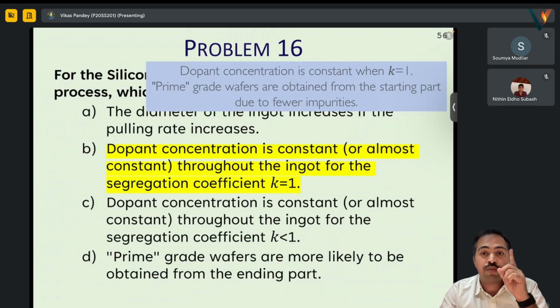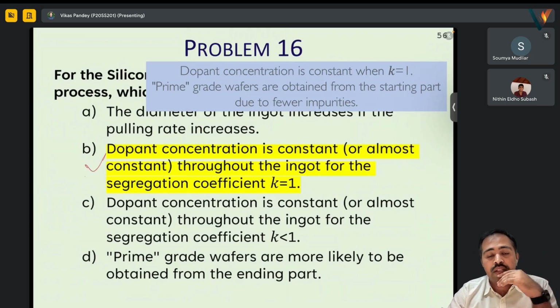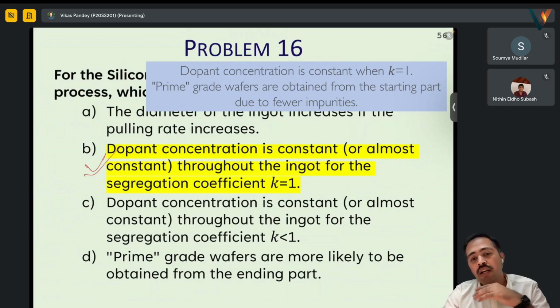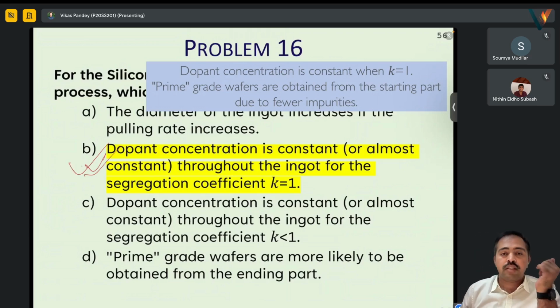But if K is 1, in that case we will get the same concentration throughout. Then also we discussed that the prime grade wafers are obtained from the starting point, not the ending part, okay? So this is correct.